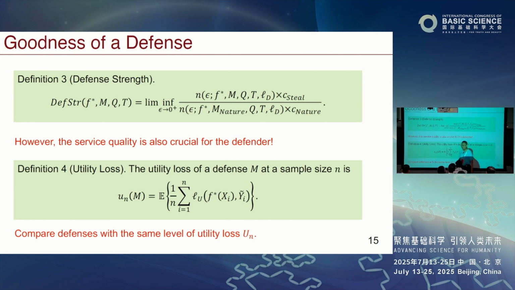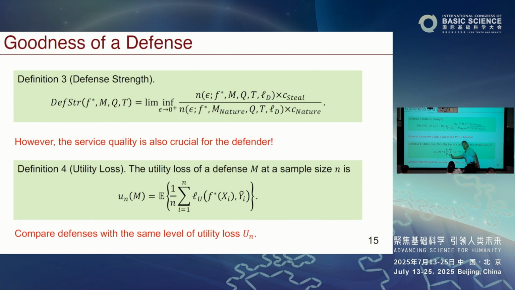Now we have forgotten one important aspect. We have to make our customers happy, so that's the utility loss. We define utility loss to be the discrepancy between the actual value we hope we can provide if there's no model stealing at all and the actual response, that is, how much damage we have done to the prediction.